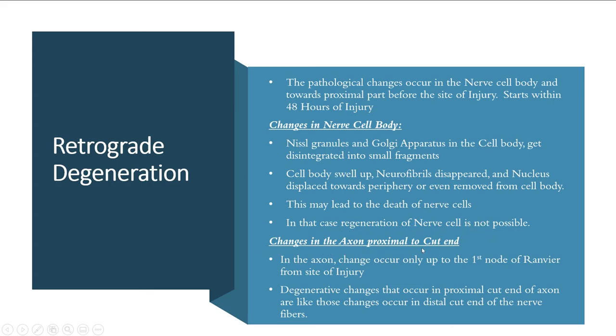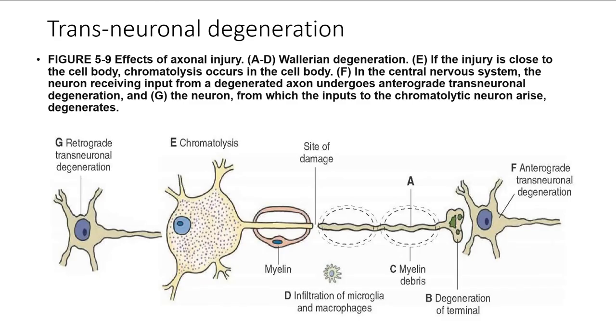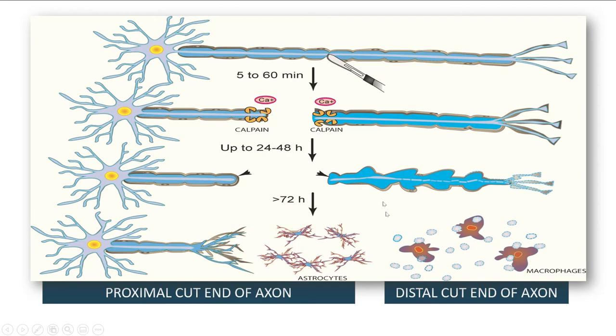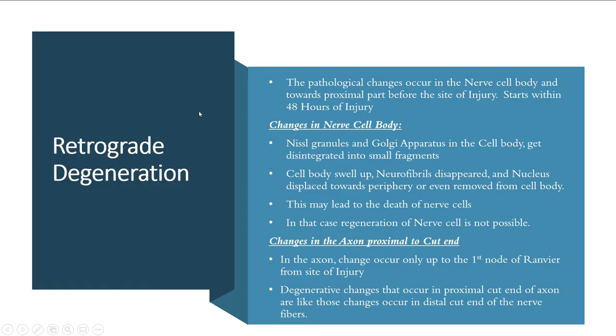Changes in the axon proximal to the cut. Proximal means the part which is proximal to the cut. What happens to the axon there? The change occurs only up to the first node of Ranvier. If you see the picture, up to this part is the first node of Ranvier; the changes will take place from here to here, from the site of injury.